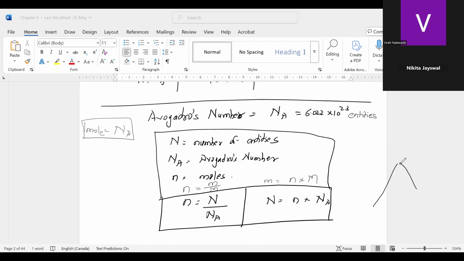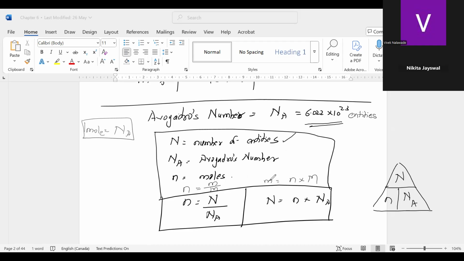The triangle for that is n is N over Na, where Na is a constant, right? And the number is 6.022 into 10 raised to 23. So can you copy this? The meaning of N is clear to you.